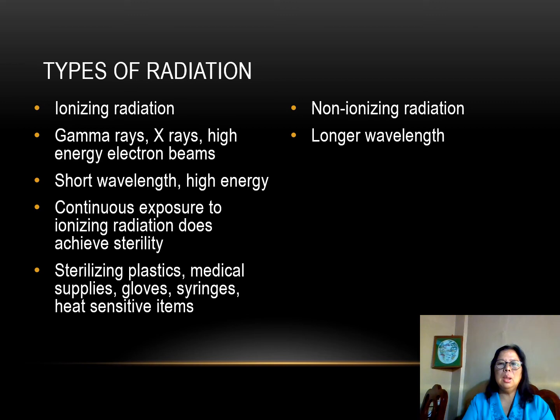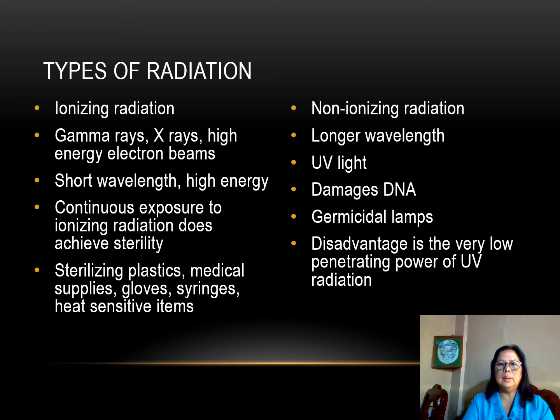Non-ionizing radiation, longer wavelength, UV radiation. UV radiation is also used in some hotels in order to sterilize the rooms. Of course, the main focus is the DNA. There are also some germicidal lamps that are now used.